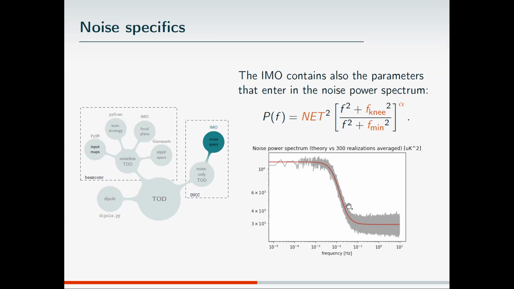The red line is this formula as a function of the frequency, while this gray line is the power spectrum obtained by averaging 300 realizations of DAC. If you go with a higher number, it looks even more similar to the theoretical power spectrum. And then once I have the noise-only TOD, I can just sum it up with this noiseless component.